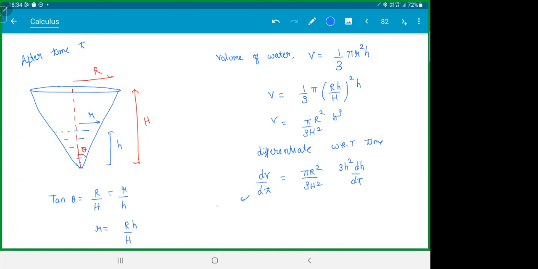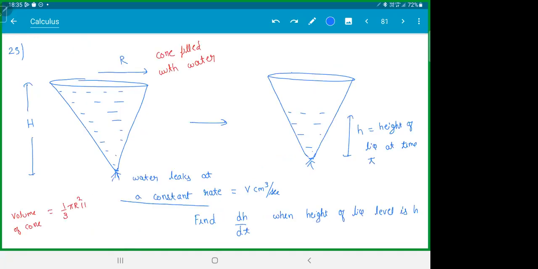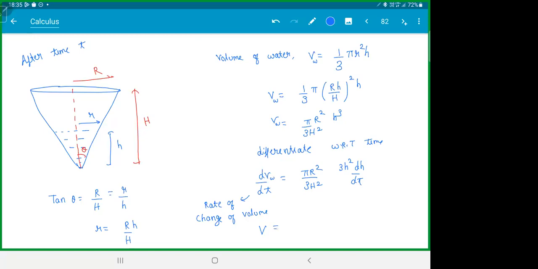This is the rate of change of volume, that means how fast the liquid is flowing out. Given the rate of change of volume is V centimeter cube per second, every second volume is leaking out at a rate of V centimeter cube per second. So that is given as V.